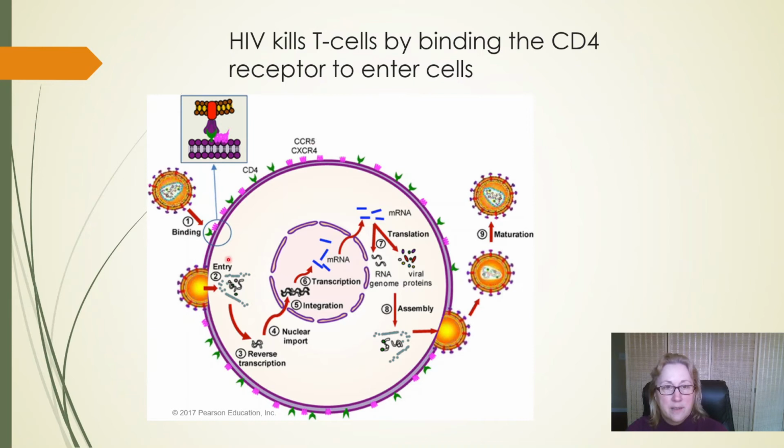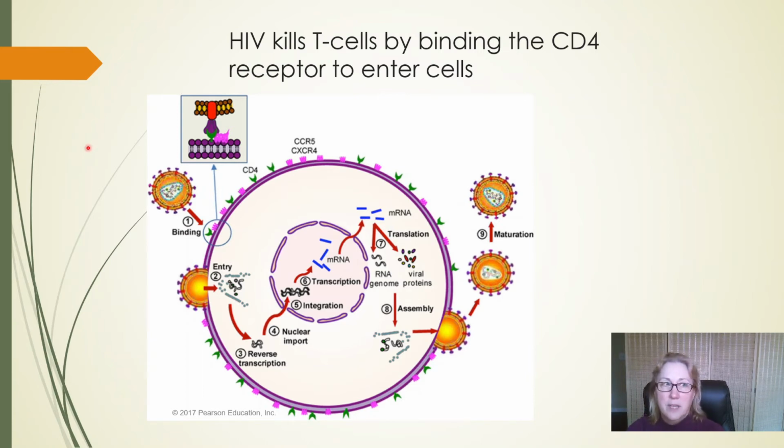So here's one of those cells, a helper T cell, and we have the CD4 binding protein on the surface that just so happens to be the protein that HIV binds to. So viruses just stick to some protein on the surface, and which protein they stick to is going to determine which species that virus can infect, and which cells in a species that virus is going to infect.